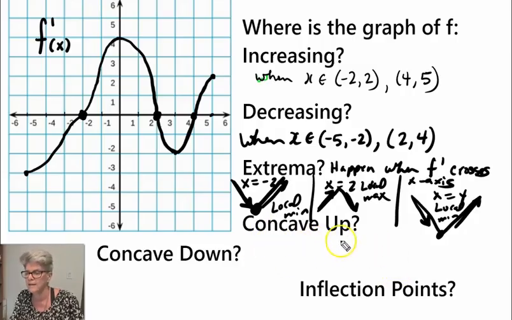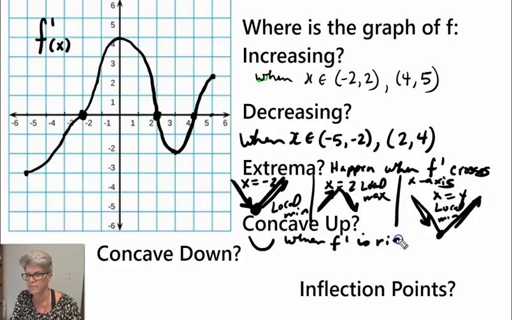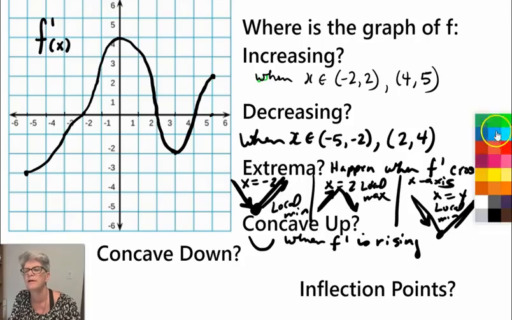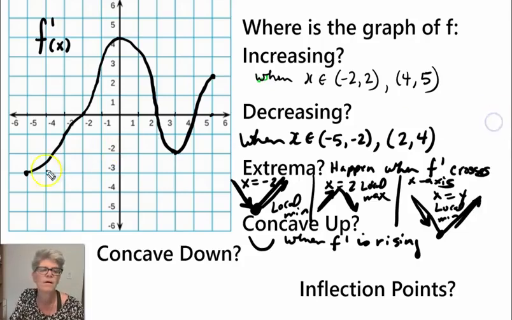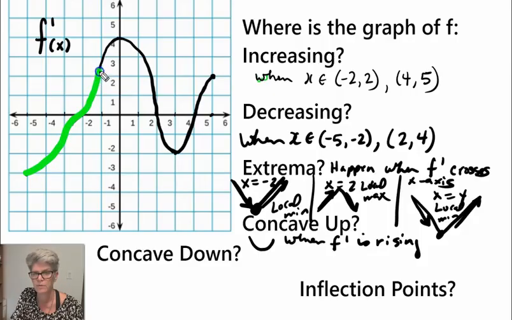Now, where is it concave up? Concave up means it's smiling. Okay. So it's concave up when the graph of f prime is rising. Now, where does that happen? Well, as I'm traveling left to right, I am rising, going upward when I'm on this part of the graph of f prime, and then when I'm also on this part of the graph of f prime.